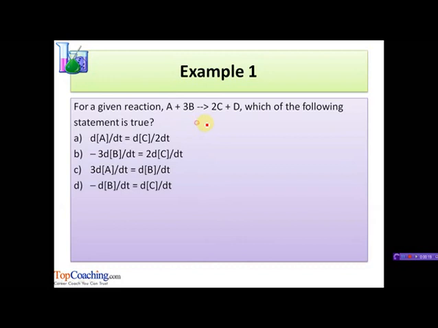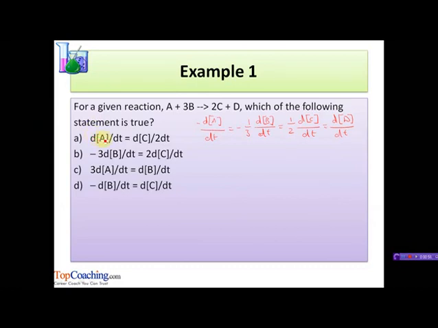It will be equal to minus dA upon dt, which will be equal to minus 1 by 3 dB upon dt, which will be equal to plus 1 by 2 dC upon dt, and it will be equal to dD upon dt.